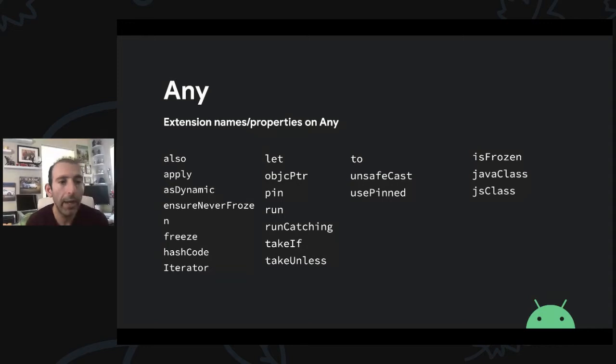Next, we have extension names and properties of Any. This is not actually something which will break your code, but more like guidance to make things simpler. Avoid using extension names and property names on Any when you create your own extension functions. Why?